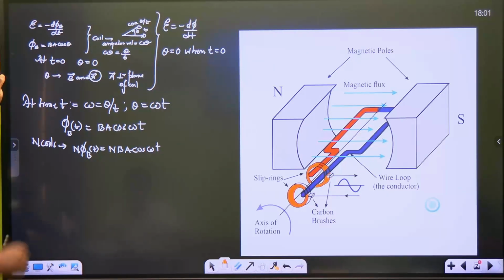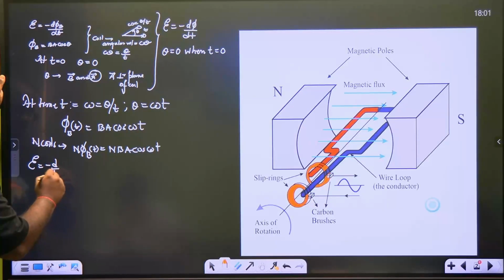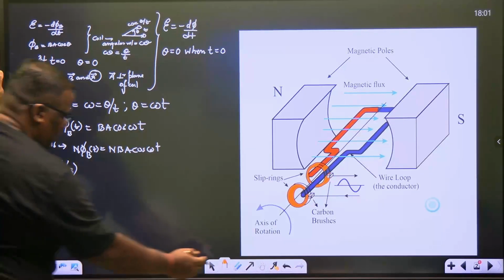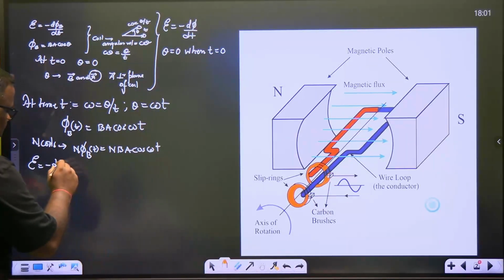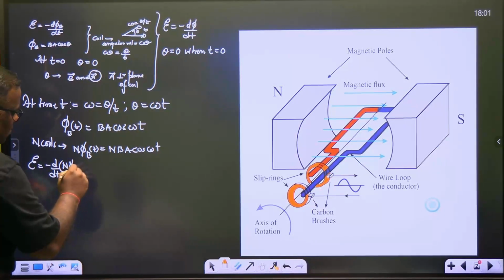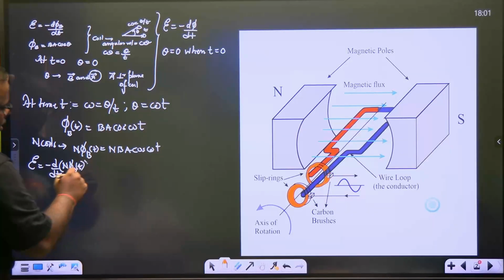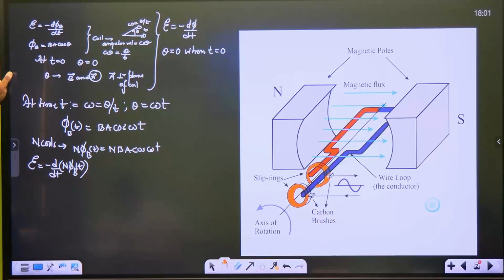Right. What is EMF as per Faraday? Faraday says this is negative d by dt of phi B. Instead of writing phi B, I will write N phi B, where phi B is a function of t. If you don't write function of t also, it's fine. Okay? So let's make its derivation. Come on.